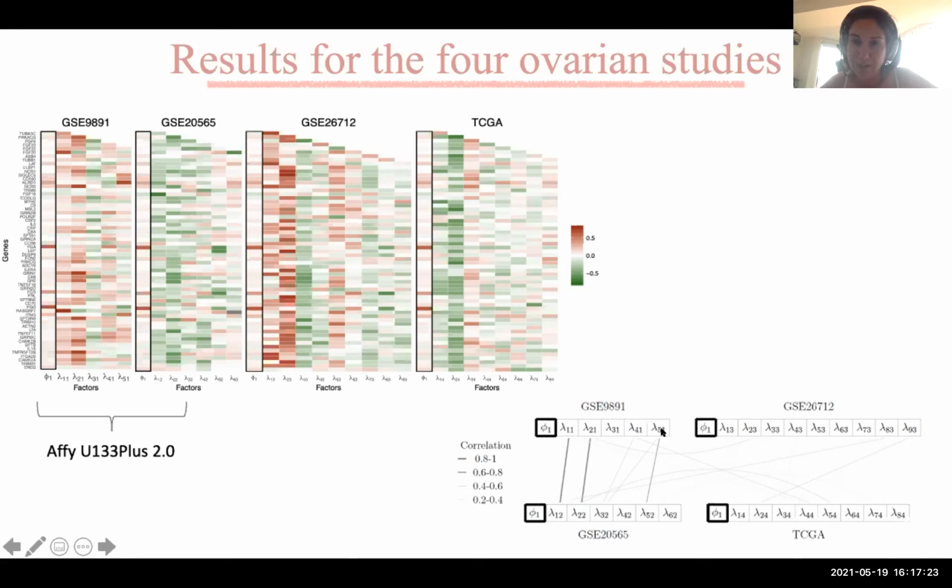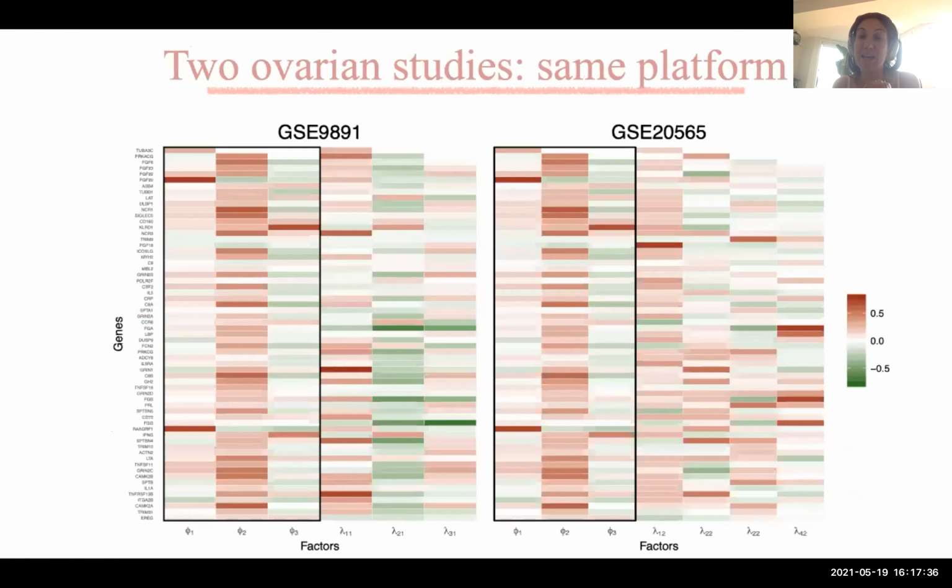For these two studies, where the genes are measured on the same platform, we have these 3 study-specific factors that are highly correlated. So we performed again the multi-study factor analysis for just these 2 studies. And we discovered that these 2 studies have 3 common factors shared, as you can see again in the black rectangle.